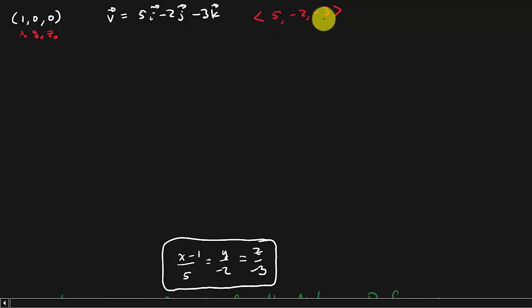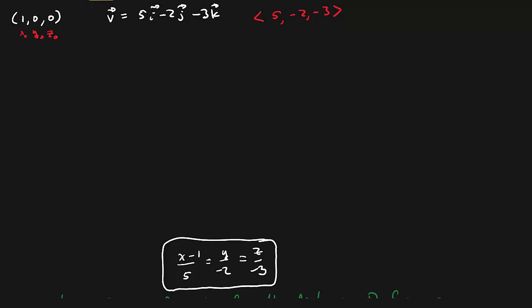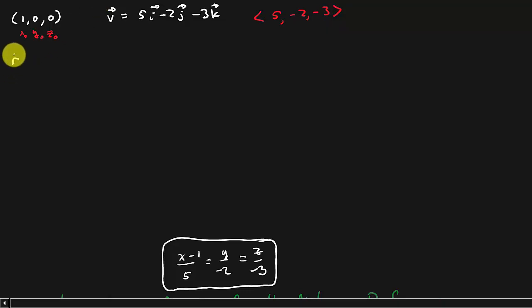So let's do the vector equation. We've got r equals, remember, r0 plus t times vector v, which is equal to vector r0, which is going to be 1, 0, 0.